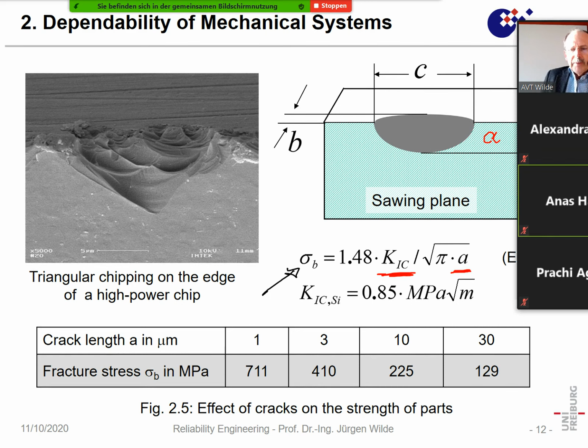Going to 3 micrometer, that has a fracture stress of 410 megapascal. Again, going higher by a factor of 3 in crack depths, it's only roughly 200 megapascal. And going to 30, we have only a stress of 129 megapascal.